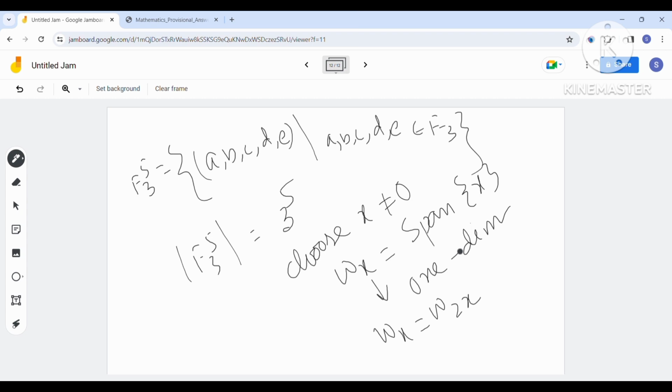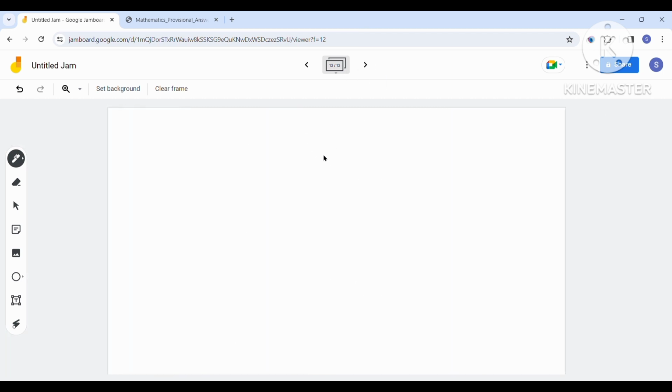So what is the number of distinct one-dimensional subspaces? You have the total number of non-zero vectors, which is 3^5 minus 1. And for x and for 2x you have the same one-dimensional subspace. So you need to divide it by 2.